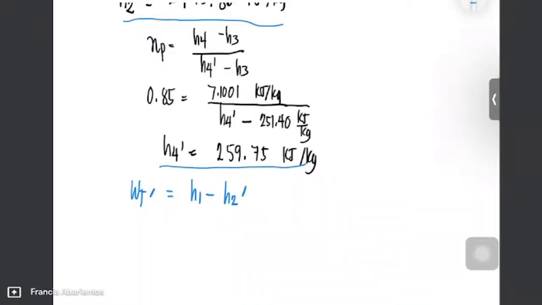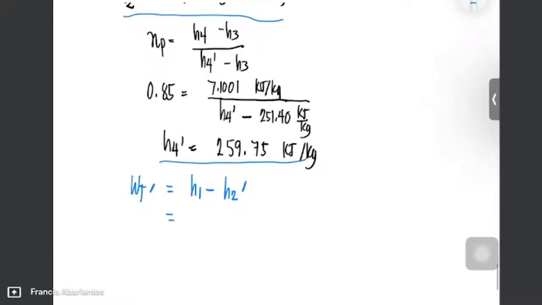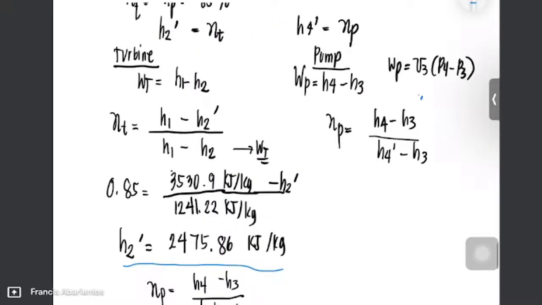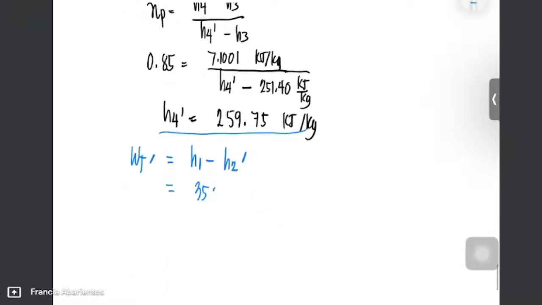Yan. Okay. Ano yung H1 natin, class? 3530.9.